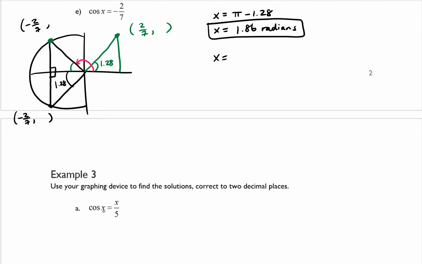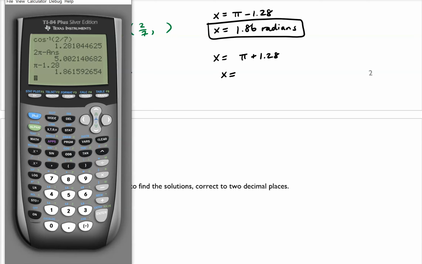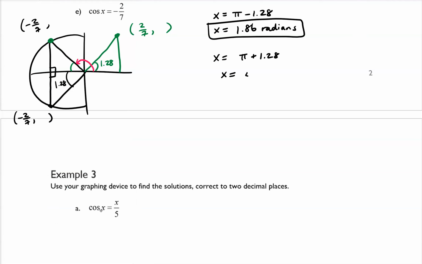So our other solution would be pi plus 1.28, and that's going to be 4.42. So that concludes example 2 for us.